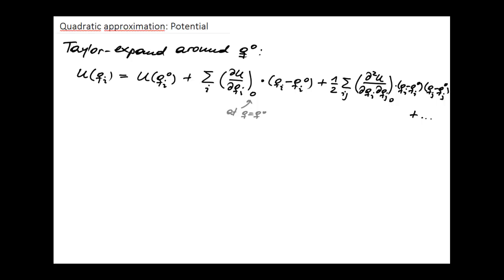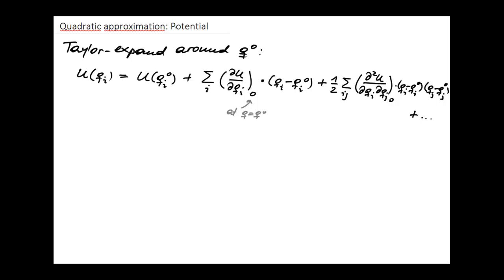The zero order term, the potential evaluated at the equilibrium configuration, is some number, some constant. It no longer depends on Q. It's just a constant value. And therefore it will not have any impact on the dynamics of the system. It just shifts the energy by some constant.